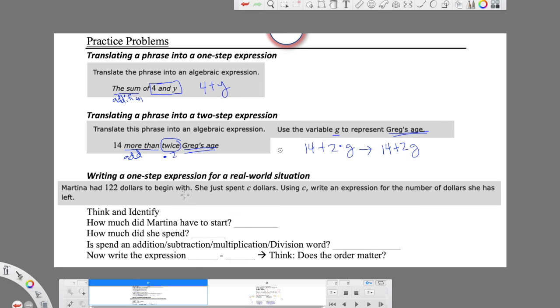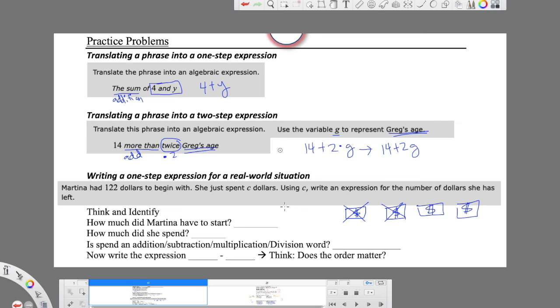She spent c dollars, so we don't know how much she spent, but we know that she spent money. If I have money and I go and spend my money, I don't have that money anymore. It's gone, right? So that's definitely a subtraction word if I hear the word "spent."